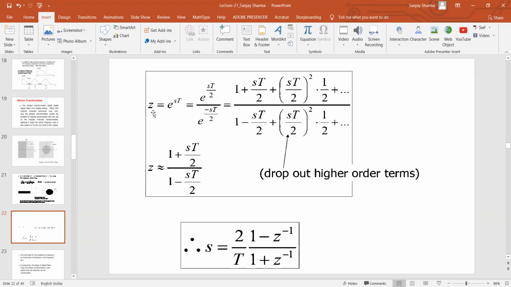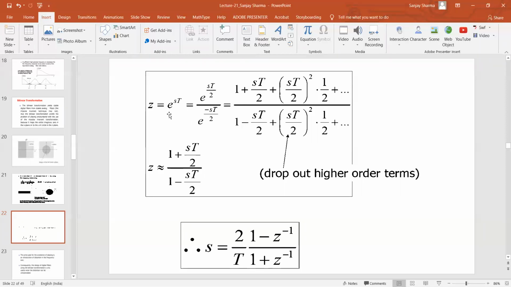This is a general expression: z equals e to the power sT. This is the general relationship between the z transform and the Laplace transform, where s is in the Laplace transform and z is in the z transform.